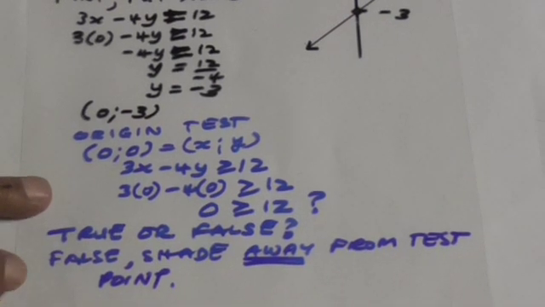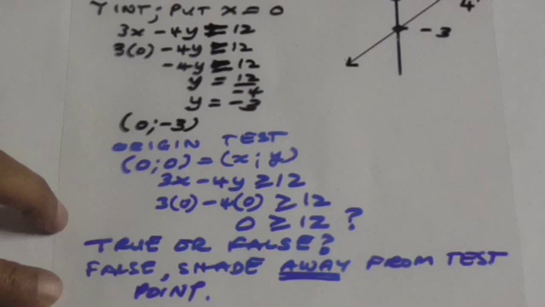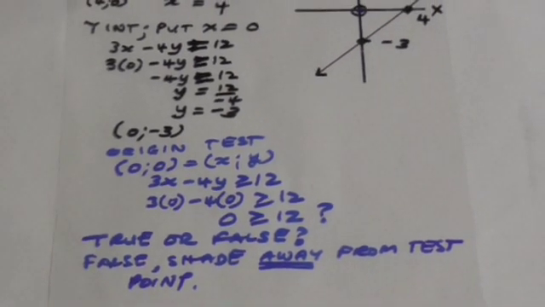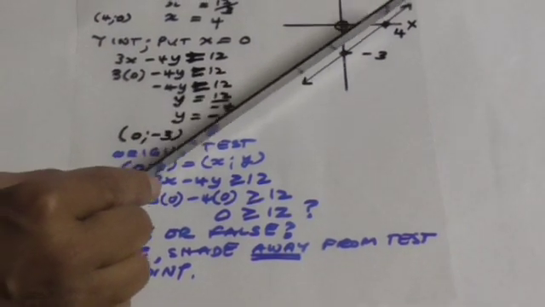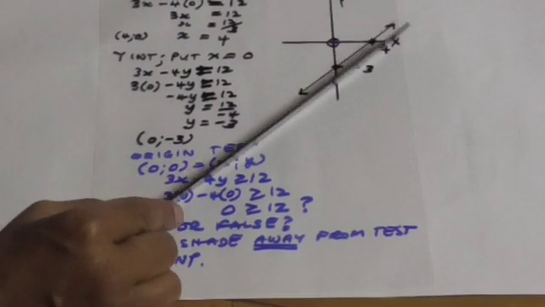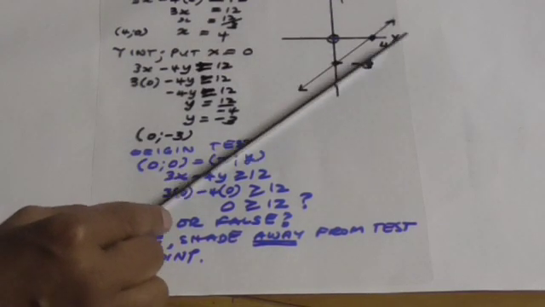So what do we mean by this? Our test point is the origin, (0, 0). Away from your test point is this side. Including your test point is this side. Away from your test point is that side.